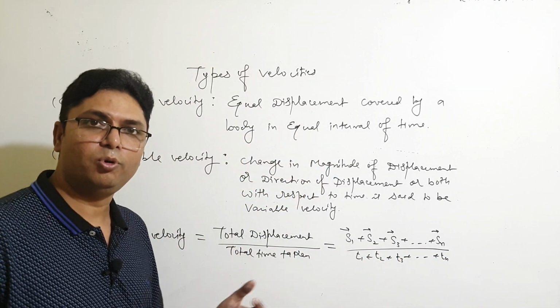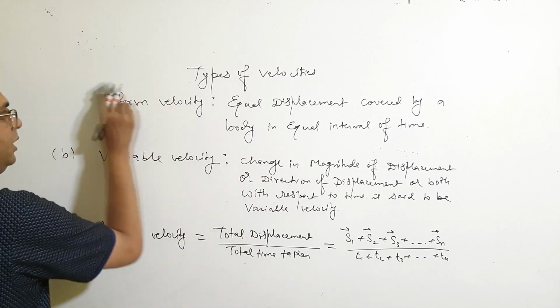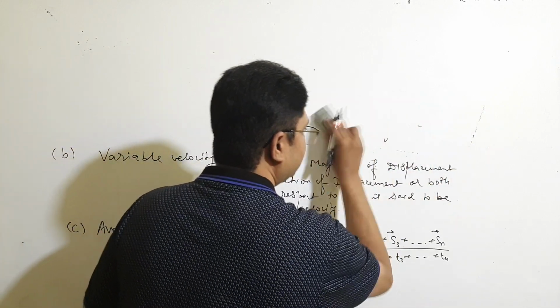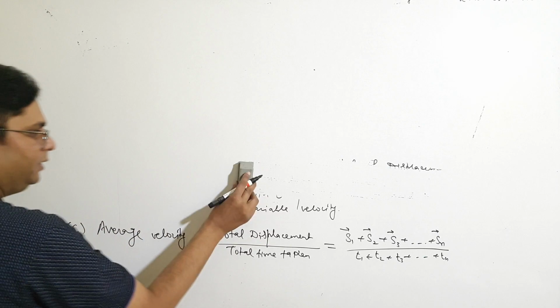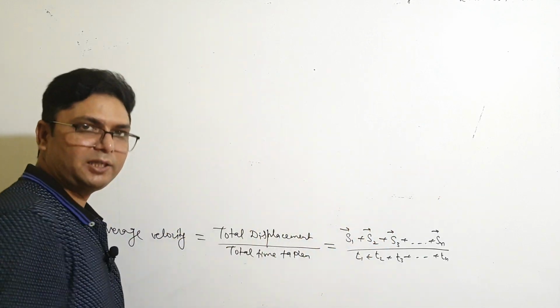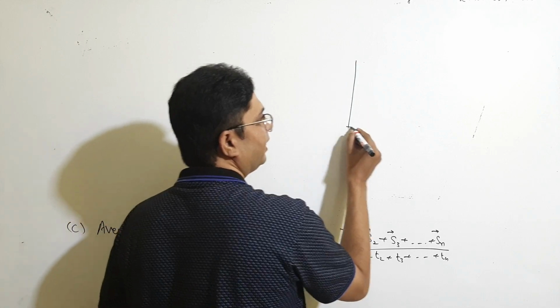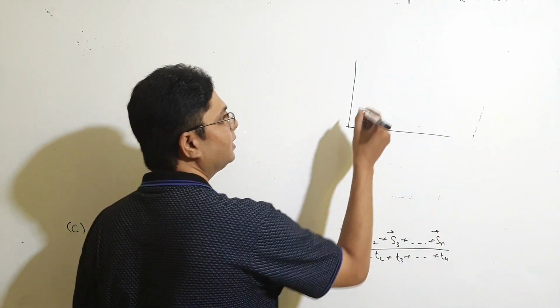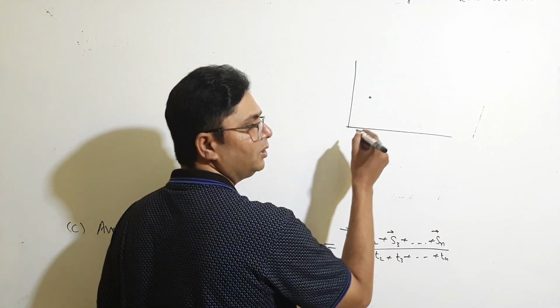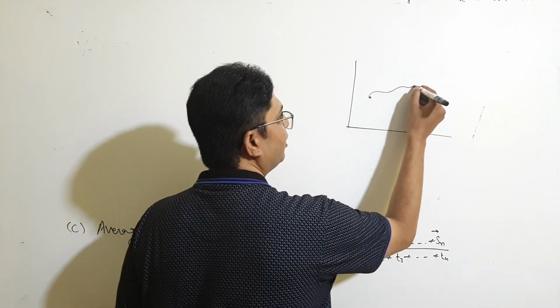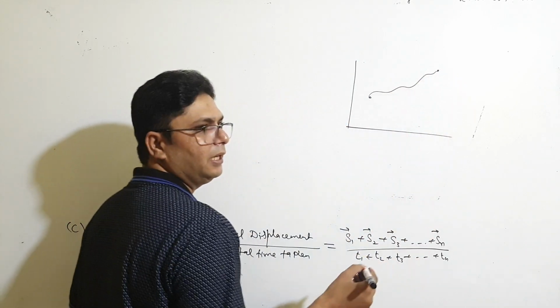But we have to know more about the average velocity. To understand it, let us take an xy axis. In this axis, suppose a body starts from this point and moves and reaches this point.